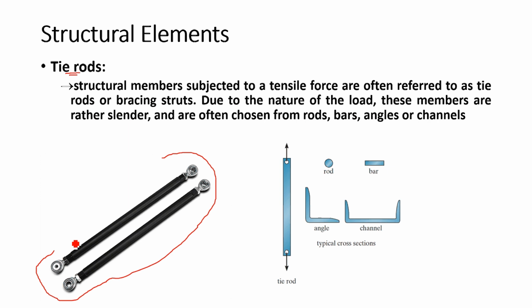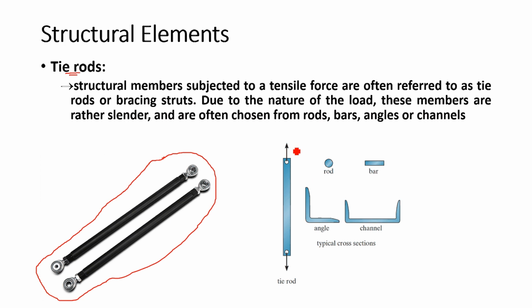It's very rare in civil engineering applications, but in mechanical engineering, most vehicles have them inside the engine parts, and sometimes a tie rod is connecting two parts in mechanical structures. The tie rods are basically subjected to tension force.